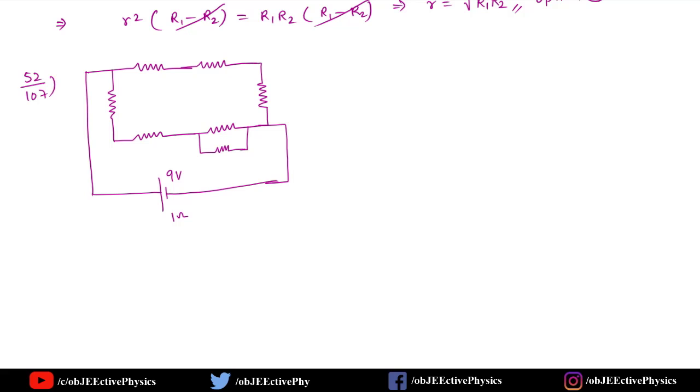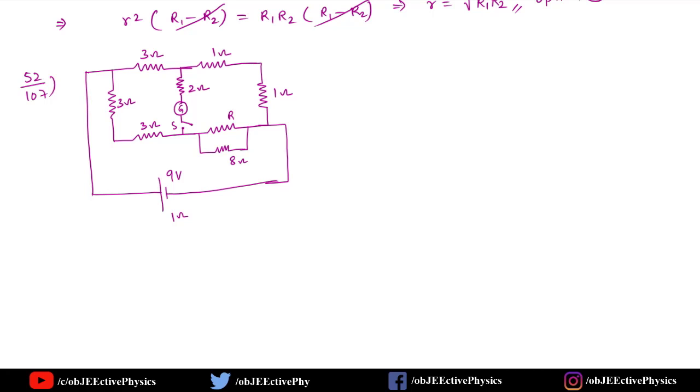This is the given circuit, and here 2 ohms, then galvanometer, and then switch. The values are 3 ohms and 1 ohm. Here also 1 ohm, this is 2 ohms, 3 ohms, and here also 3 ohms, and it is given capital R, and 8 ohms.